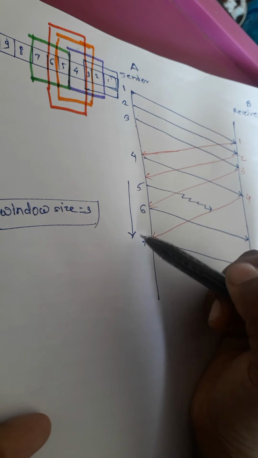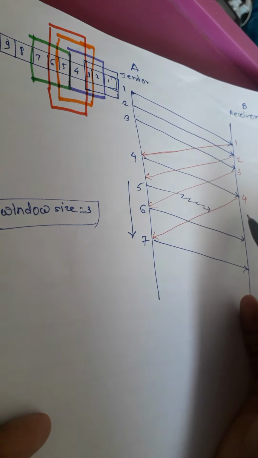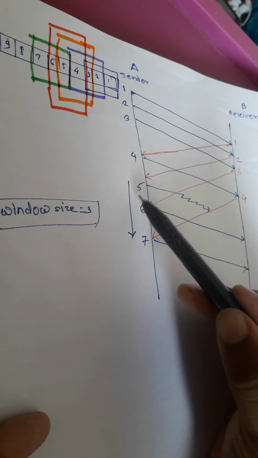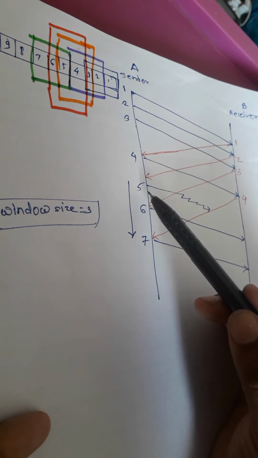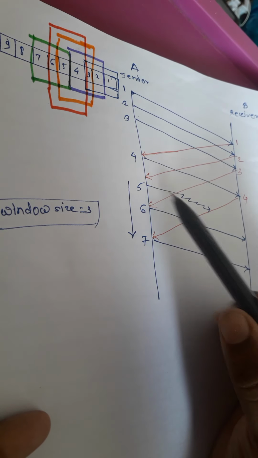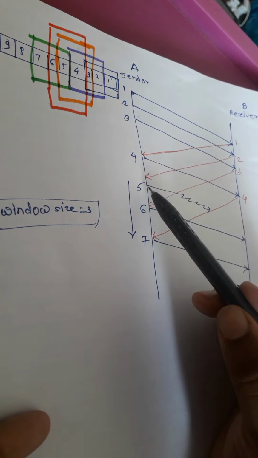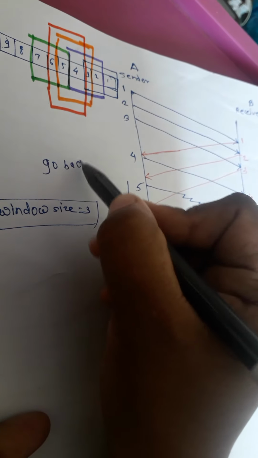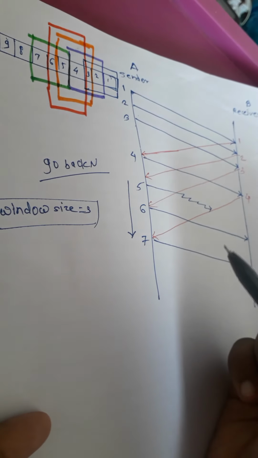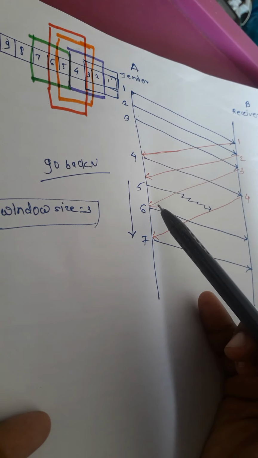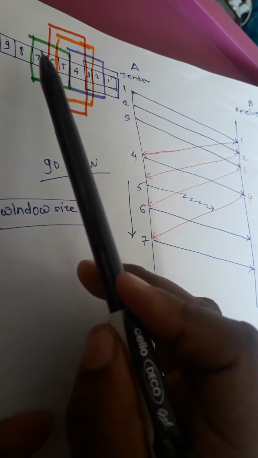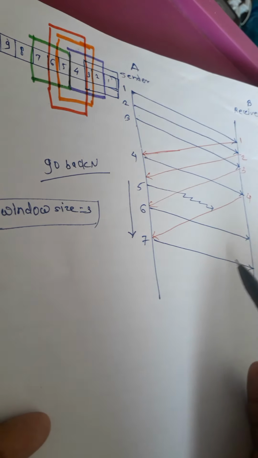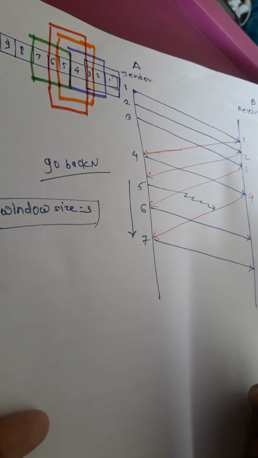If the acknowledgement for the fifth one is not received within the time period, the timer will go off and the sender will identify that it has to retransmit this particular frame. But according to the Go-Back-N strategy, the retransmission rule is that whatever frames are available in the current window, the entire set of frames has to be retransmitted. That is the strategy of Go-Back-N.